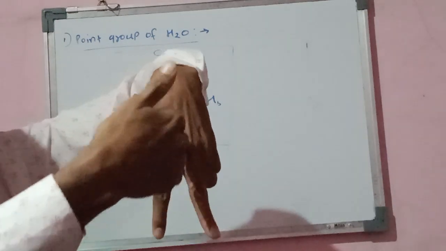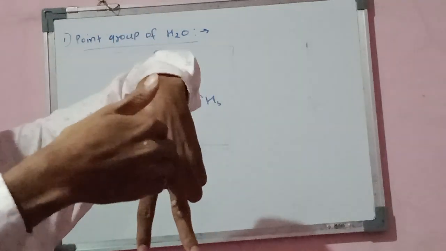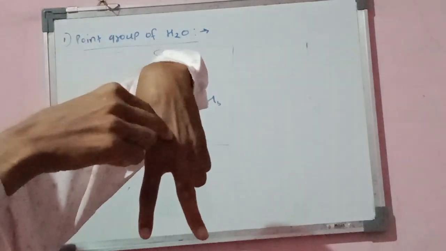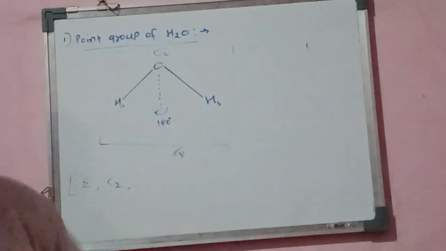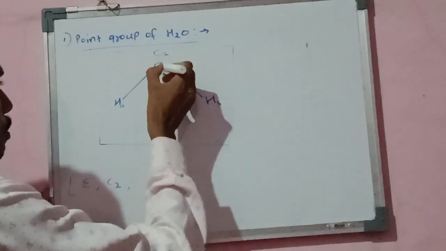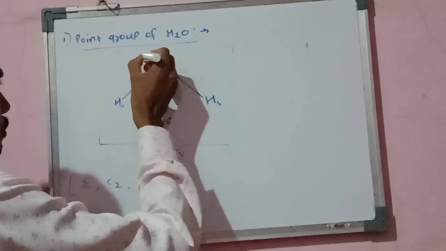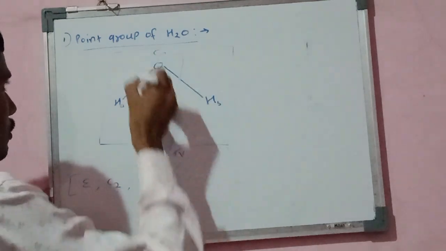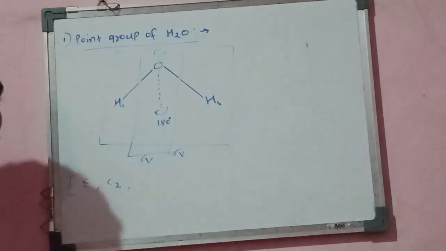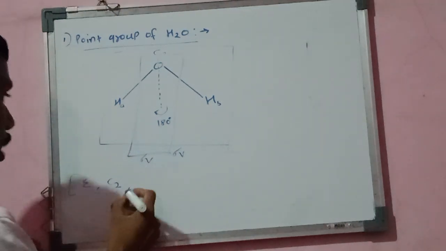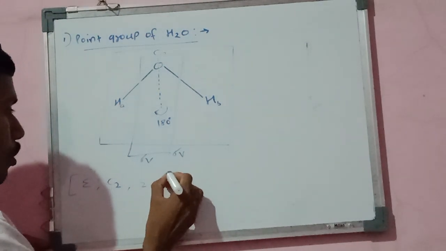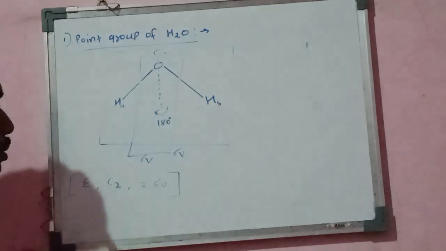This plane is also parallel to the C2 axis, and therefore is considered a vertical plane. That type of plane is a vertical plane.